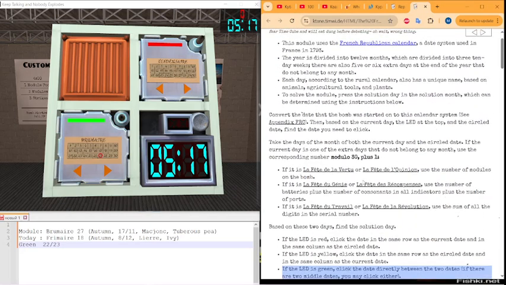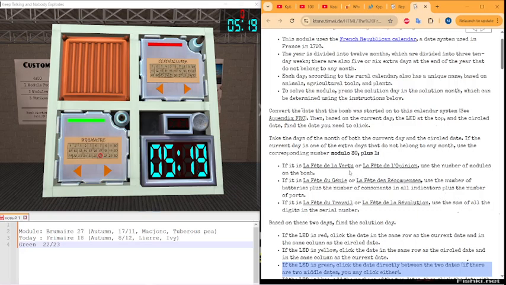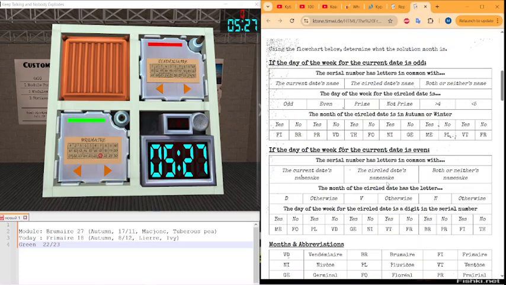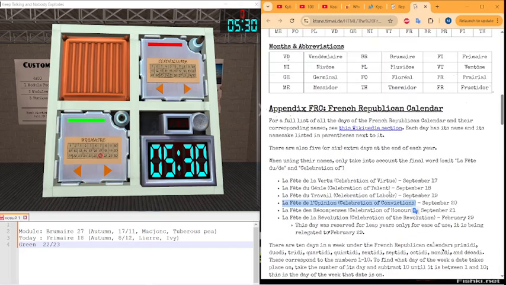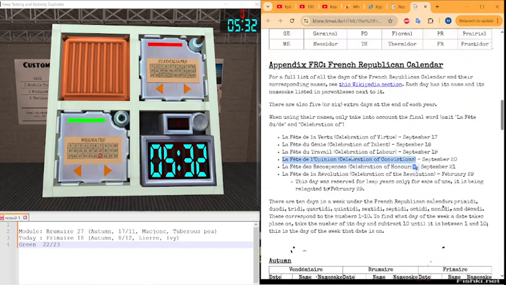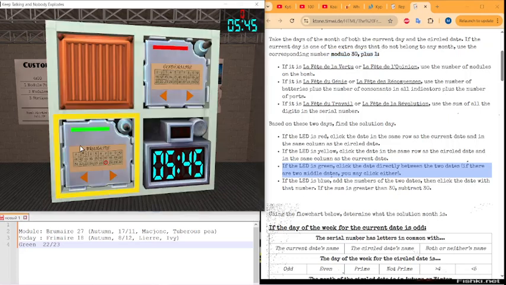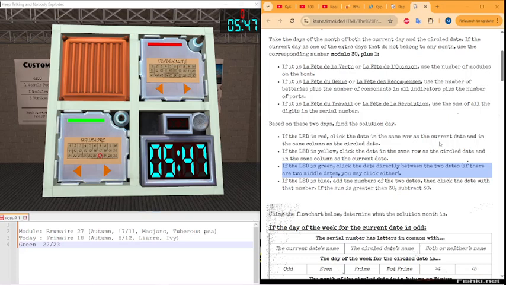For example, today is September 20. What we would do is look up the rule for the celebration of convictions. Well, it's Fête de l'Opinion. We would look up this rule. We would use the number of the modules involved, which is 2. Modulo 30 plus 1 is 3. So in this rule, we would use 3 and whatever the number on the module is, so 27.